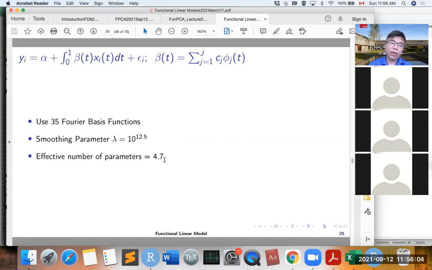So it cannot be 4.7 basis functions. This is the reason I highly recommend that when you develop or use a method, you choose the method with roughness penalty. That is much easier to use and also more flexible.